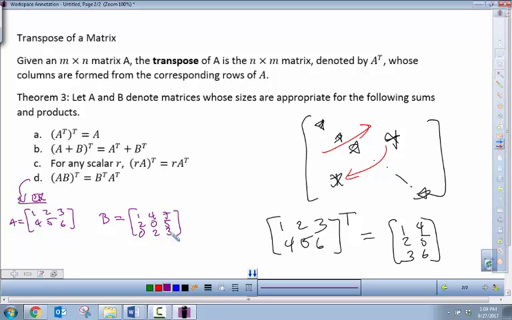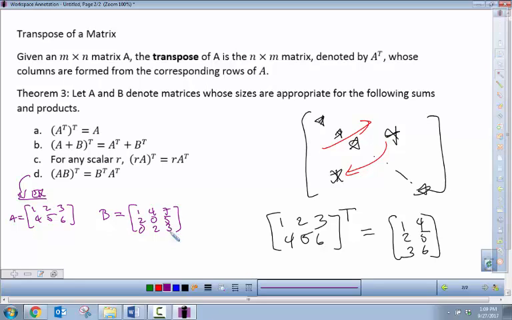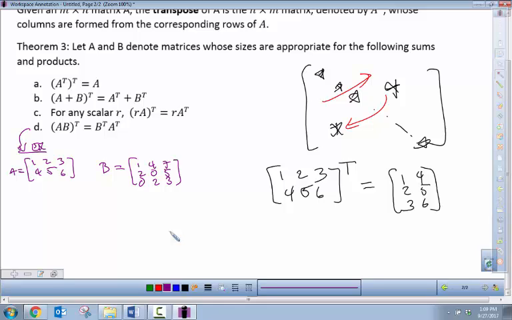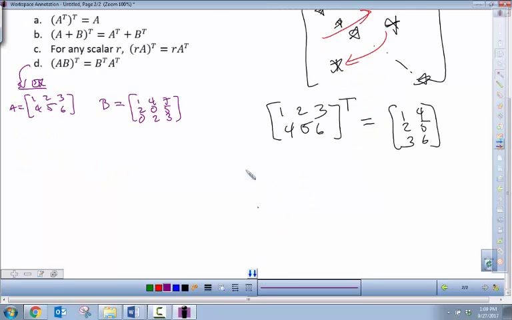Maybe I should have put more zeros there. All right. I think this is going to be a lot of work, so I need more room here. No, I like the zeros. I'll stick with the zeros here.